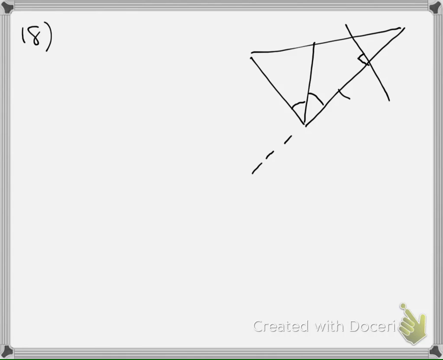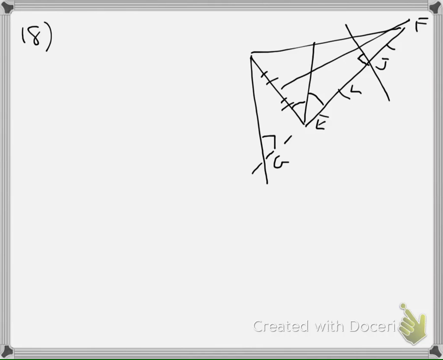So there's point F, J, E, and there's another perpendicular.